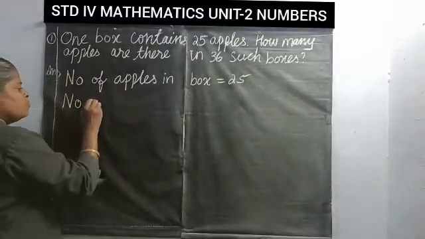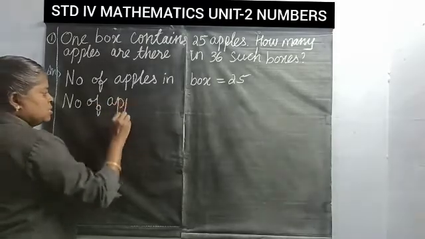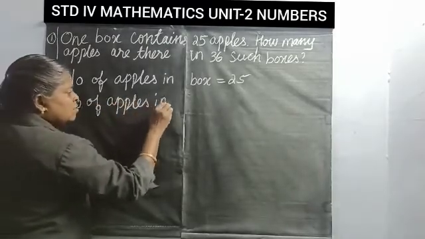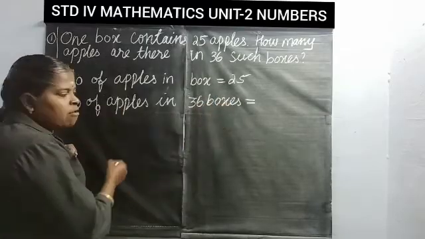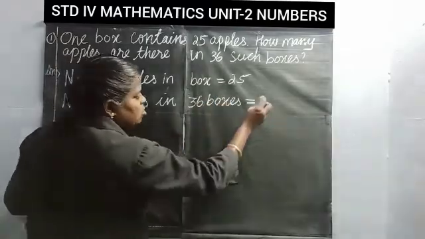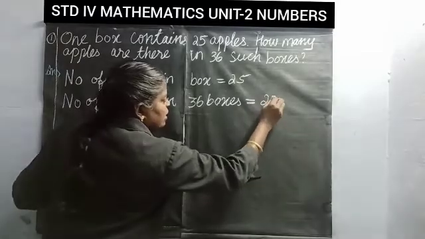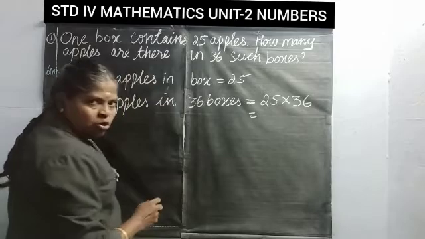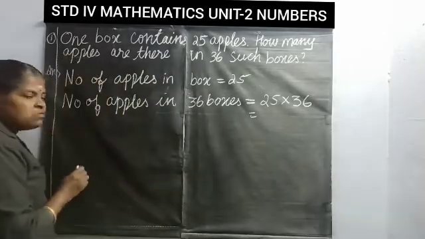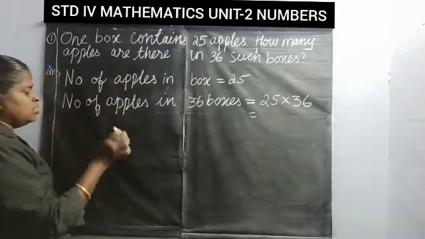Number of apples in 36 boxes equals 25 into 36. So first we have to multiply 25 into 36.